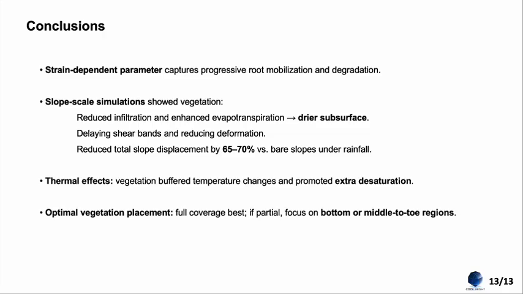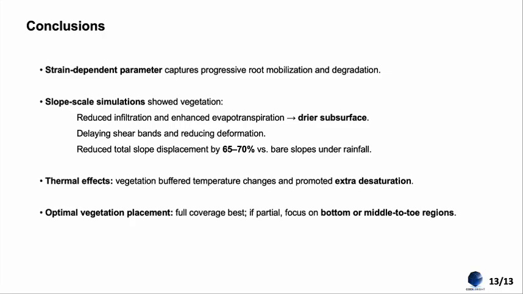And also the slope results show that when we have vegetation, we have a drier surface, and the vegetation can reduce displacement by near 60 to 70% in comparison to unvegetated slopes.